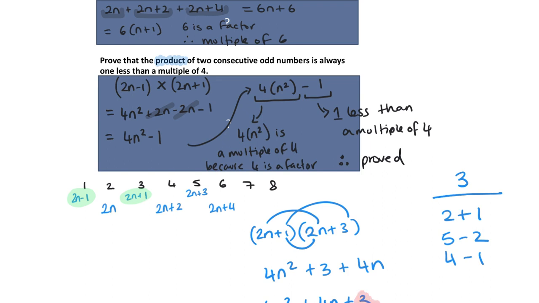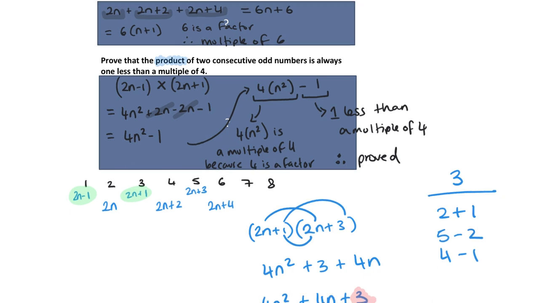So, here we have it. Instead of writing 3, because we have a multiple of 4, we want to take out a factor of 4. So I'm no longer going to write 3. I'm going to write 4 minus 1, which is exactly the same as writing 3. Are they completely equivalent? Absolutely. So now I can carry on. So I have 4n squared plus 4n plus 4 minus 1.